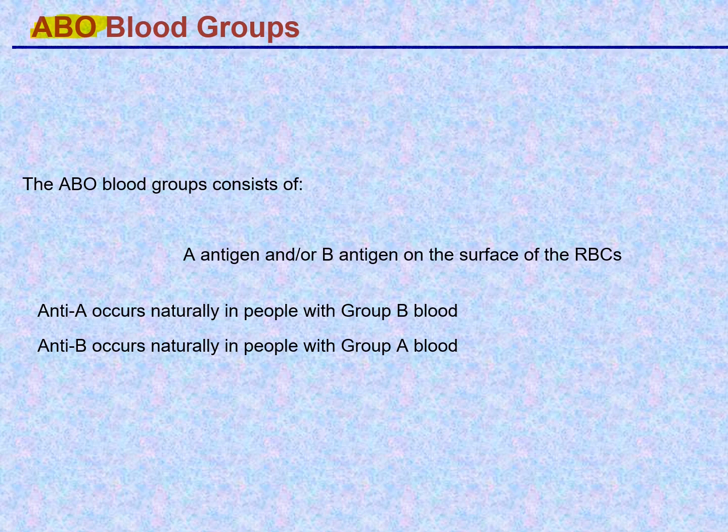Again, if you are blood group B, that means you have the B glycoprotein on your red cell surface, and you spontaneously, naturally have an antibody against A called anti-A. If you're group A, in terms of ABO, we're just talking about ABO, we're not talking about RH, you will spontaneously have anti-B.